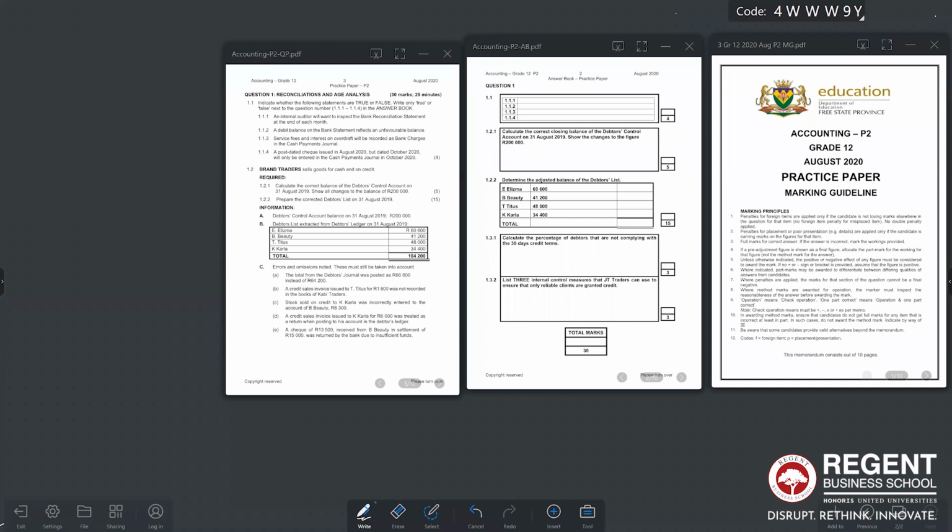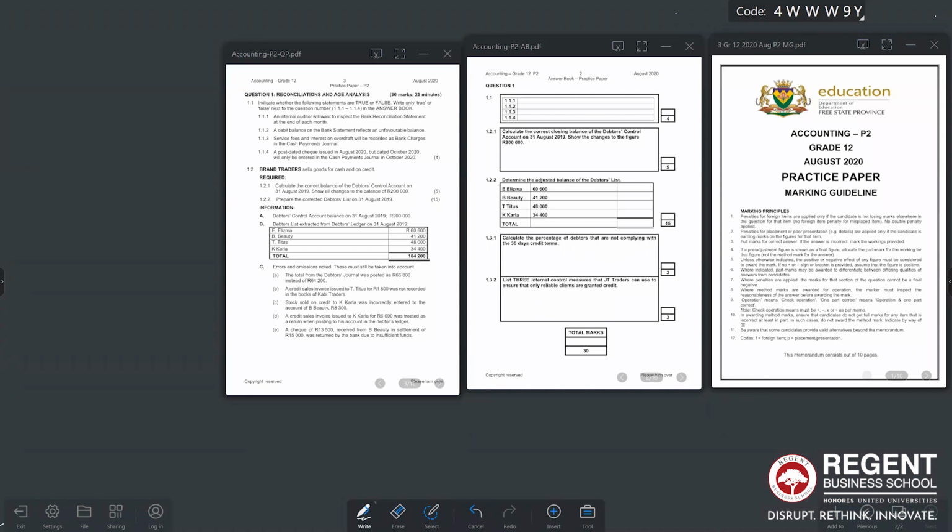Now you must remember totals of the CRJ, that is debtors control in the CRJ, total in the CPJ, total in the debtors journal, total in the debtors allowances journal. Totals get posted to the control account. Individual entries get posted to the individual debtors accounts.